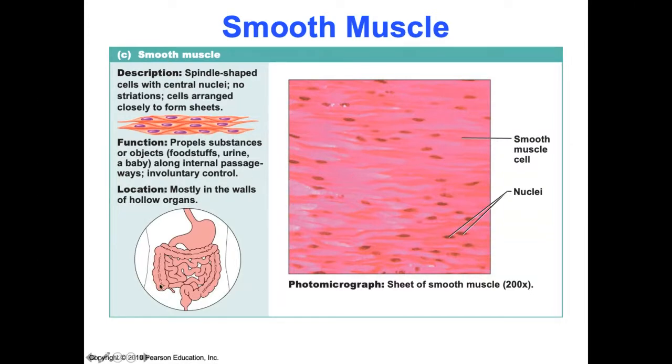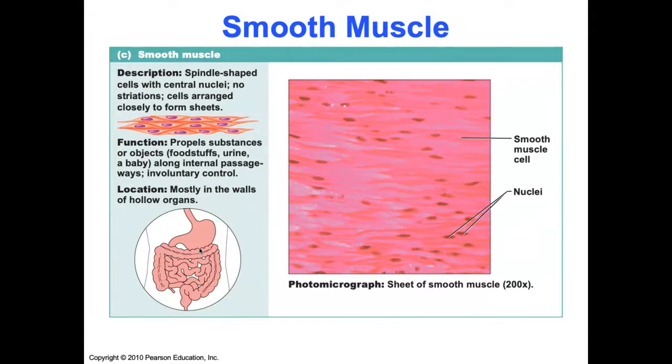The walls of the small intestine and colon have smooth muscle, and they can contract. That's what moves the food through here, the peristalsis, or the peristaltic contractions. Arteries have a layer called the media, right?